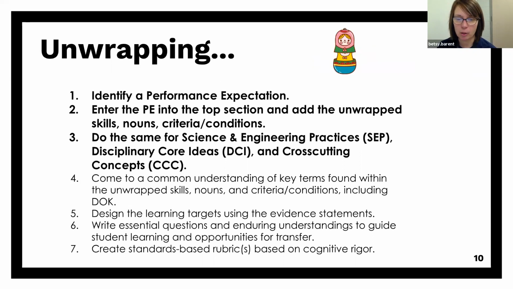And then follow up with science and engineering practices, disciplinary core ideas, and cross-cutting concepts. Steps 4, 5, 6, and 7, we are not going to cover today. We are going to focus on 1, 2, and 3. And in step 3, we're really going to focus in on the disciplinary core ideas.